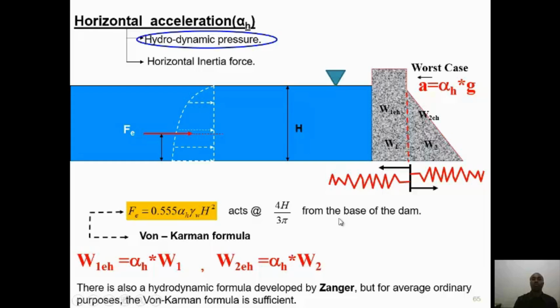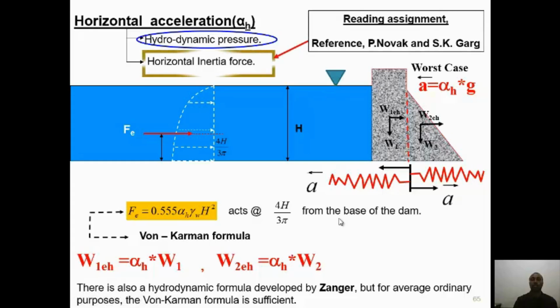Now on the body of the structure, there is also a shaking effect. You have W1, W2. When earthquake acceleration moves to the upstream direction, then the inertia force will be to the downstream direction. So you decompose: W1 gives W1 EH to the downstream direction, W2 gives W2 EH like that.